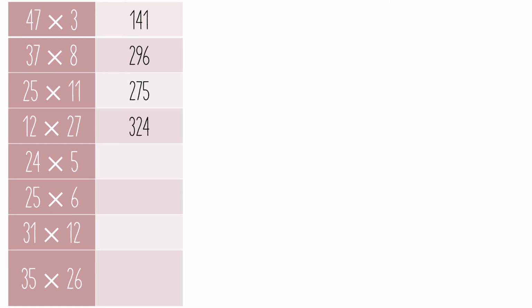Next one is 324. 24 times 5 we'll do together. So bring the 0 down, 2 times 5 is 10, 5 times 4 is 20, 100 plus 20 is 120. 25 times 6, 150.